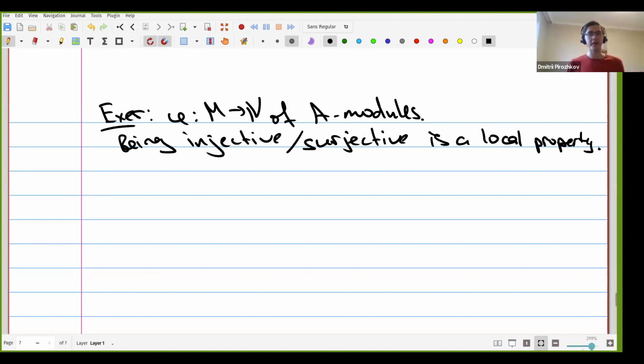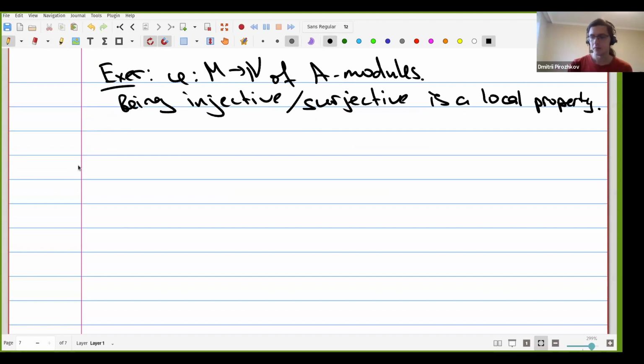So if you want to check that the map is injective, you can instead look at each local ring and check the injectivity there. The idea of the proof is similar to the lemma about vanishing that I have demonstrated. You can just use the definition of localization, and you use the fact that you cover all prime ideals, and you conclude that everything works as you want.